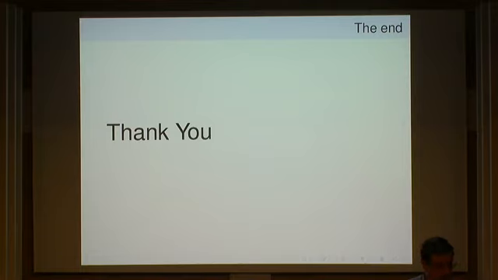By BCFW recursion, you can show that the formula that I wrote down with Freddie, it's manifest that it's got the right three-point amplitude, symmetry, it's trivial. And you can use BCFW recursion to show that the remaining formulae are also true.